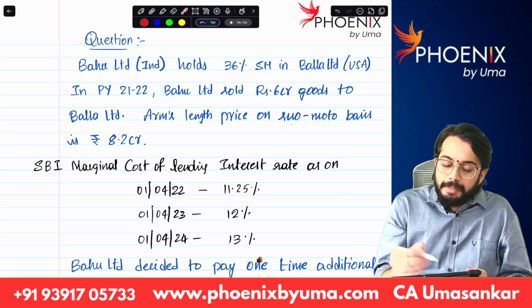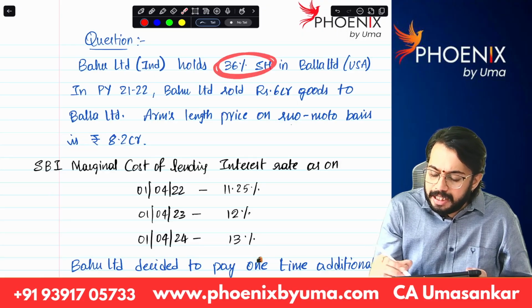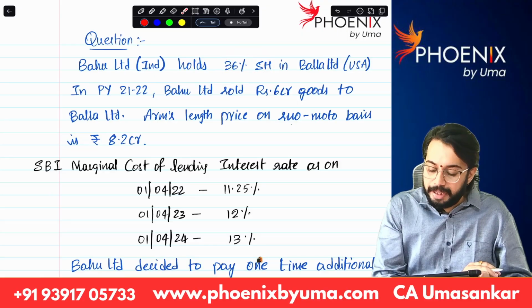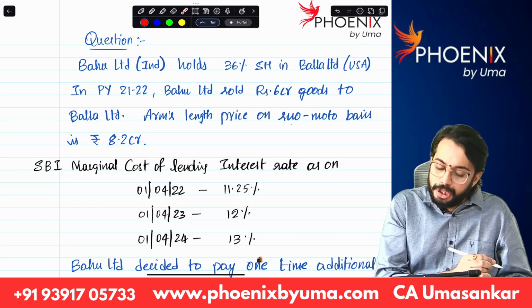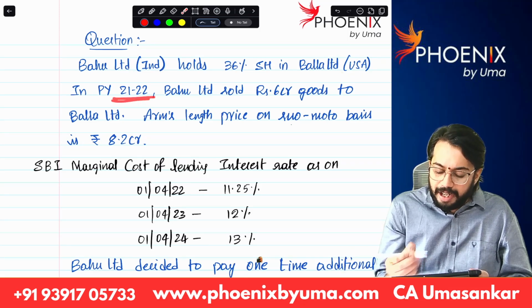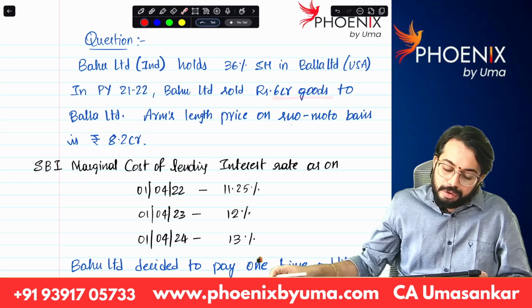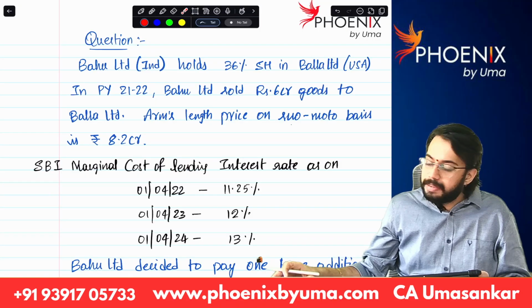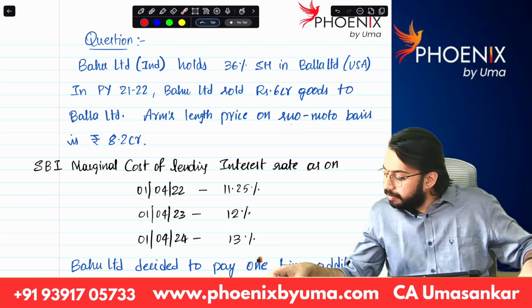There is Bahu Limited and there is Balla Limited. Bahu Limited holds 36% shareholding in Balla Limited. Bahu Limited is based in India. Balla Limited is based in USA. In previous year 21-22, Bahu Limited sold 6 crore worth of goods to Balla Limited. Arm's length price on suo motu basis is 8.2 crores.